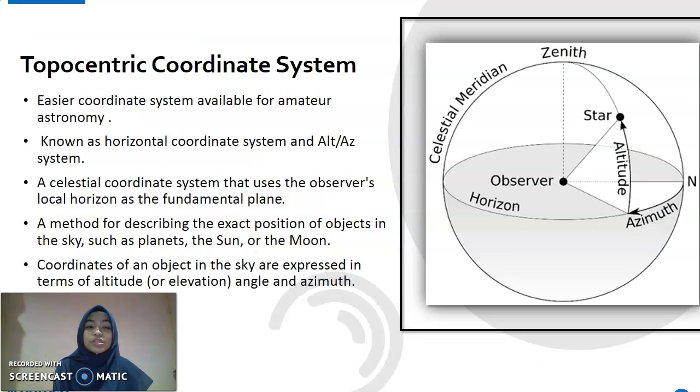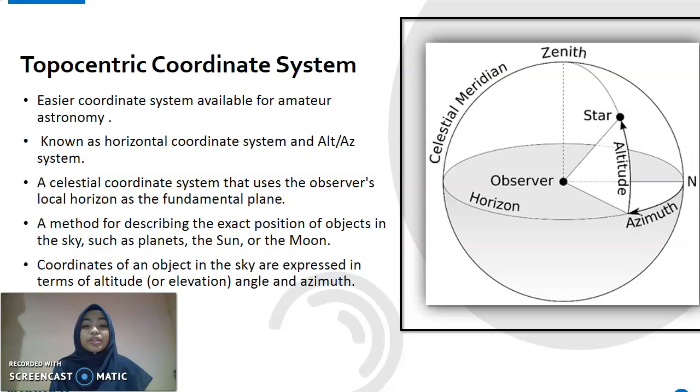Next, the topocentric coordinate system. The topocentric coordinate system is an easier coordinate system available for amateur astronomy. It's also known as the horizontal coordinate system and the ALT/AZ system.